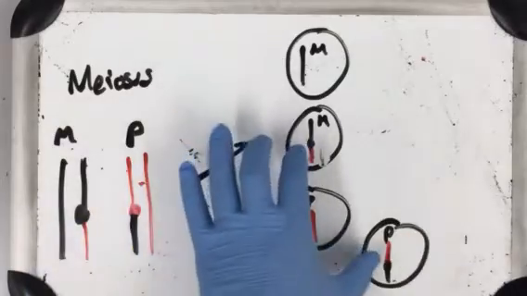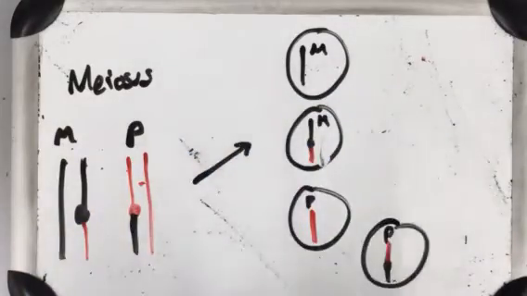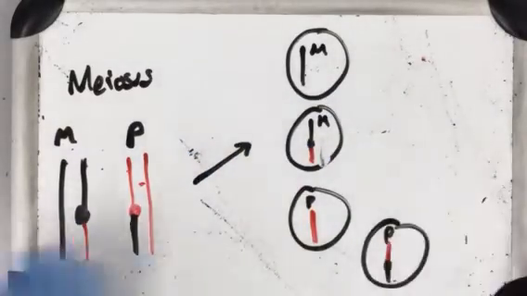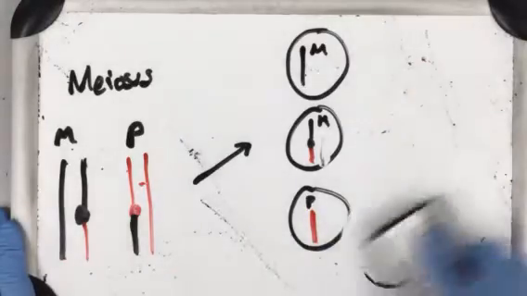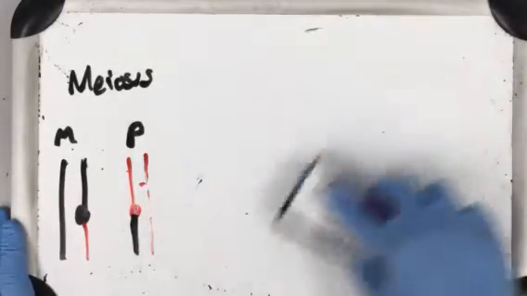So when these go on and fuse with the partner haploid cell, the 1n cell, they can cause that variation. They can have that genetic variation.